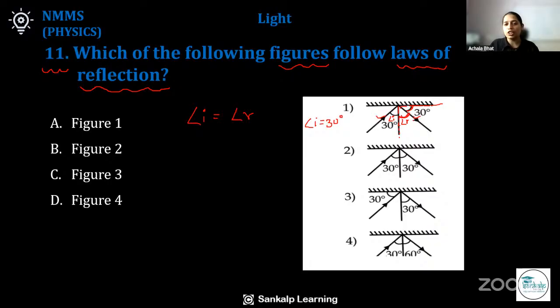The total angle is 90 degree, so you have to subtract this 30 degree from 90 degree. You will get 60 degree. This is angle of reflection. Whether i equals r? No. Therefore, figure 1 is wrong.